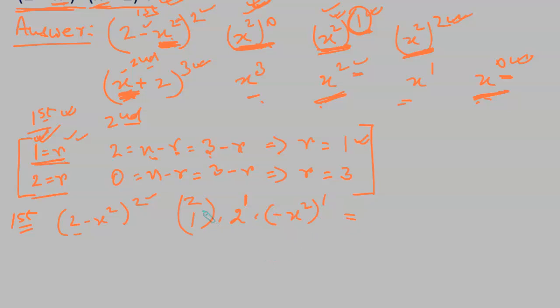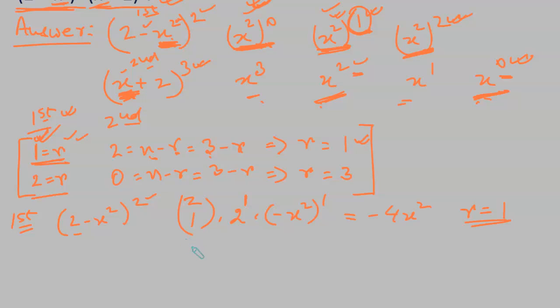So this is 2C1, and nC1 is equal to n. So 2C1 is equal to 2, and 2 times 2 is 4. And negative x square raised to the power of 1 is negative x square. So it is negative 4x square. This is when r is equal to 1.